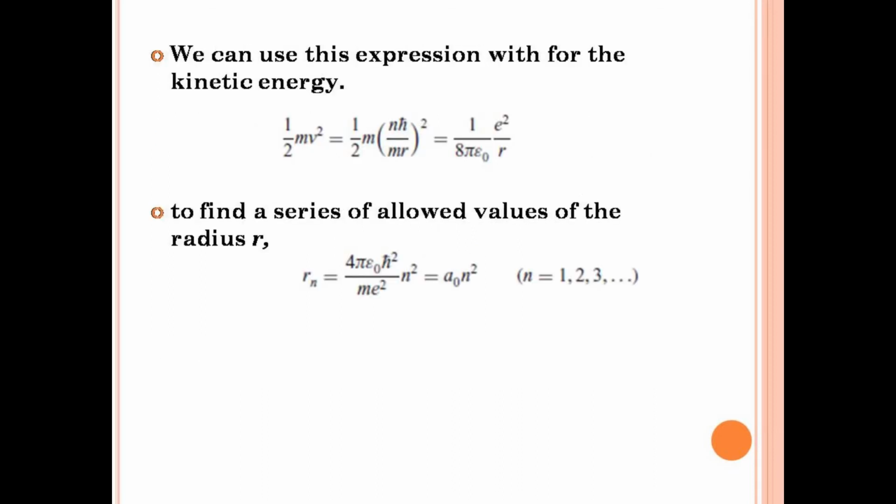We can use this to express the kinetic energy by substituting the value of v. We know the kinetic energy expression is ½mv². Substituting for v, it equals ½m(nħ/mr)², which equals 1/(8πε0) e²/r.